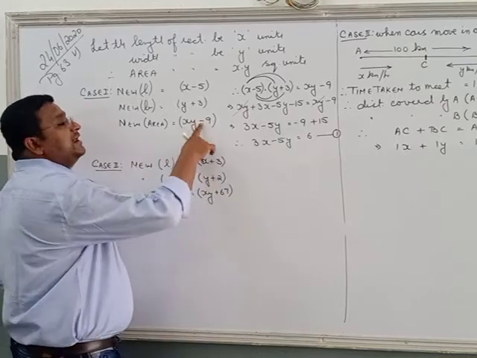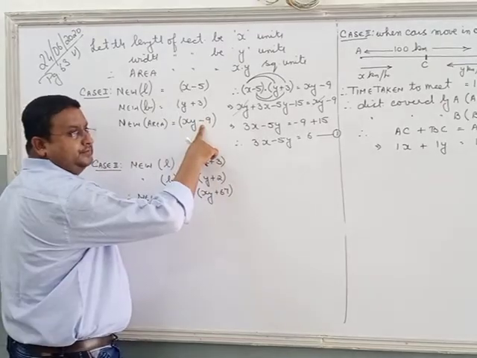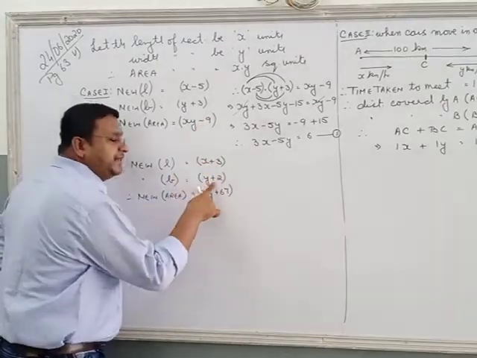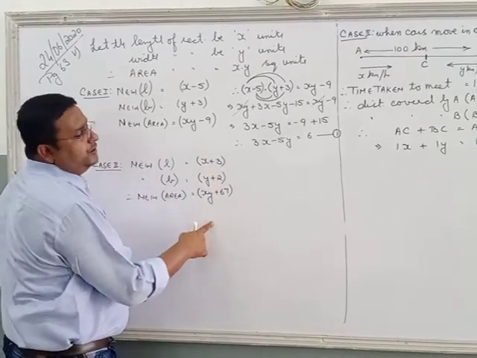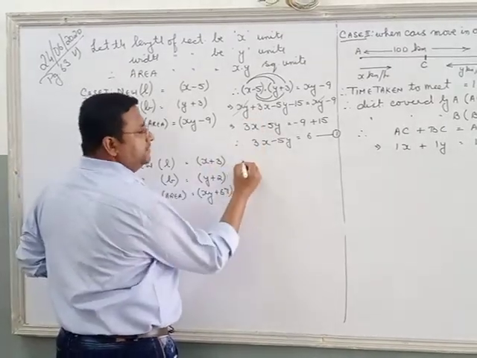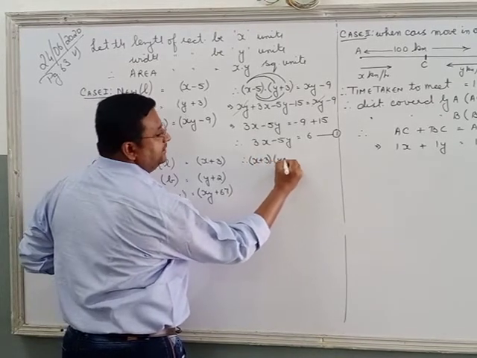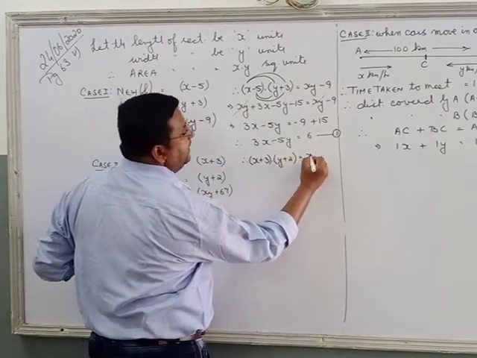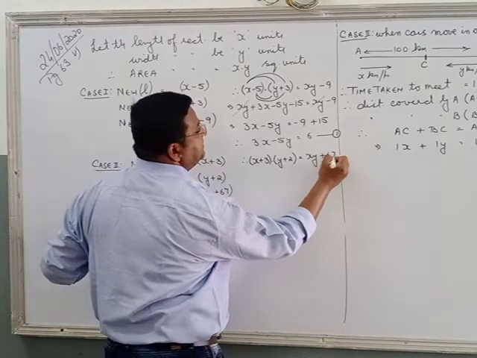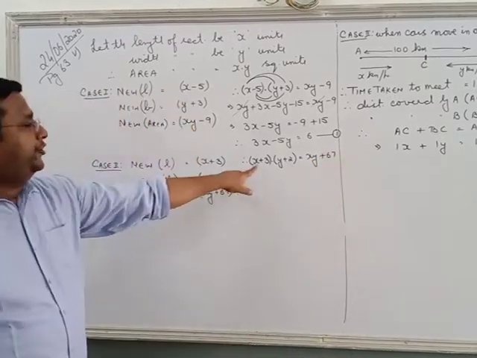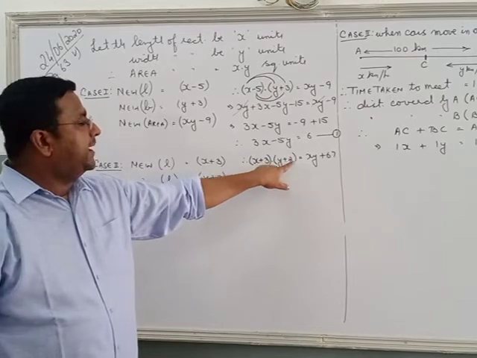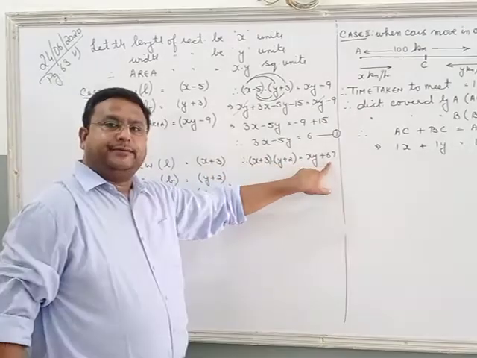In the first case the area was getting reduced. Here length is increasing, breadth is increasing, so definitely the area will also increase. Again the same concept. So length x plus 3 multiplied by breadth y plus 2 is the area xy plus 67. New length multiplied by new breadth is equal to new area.